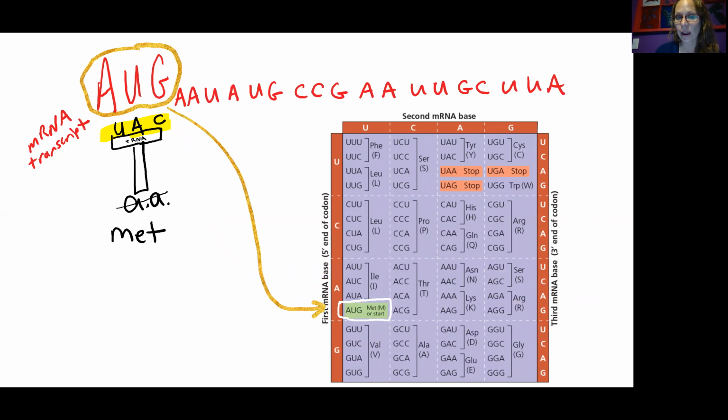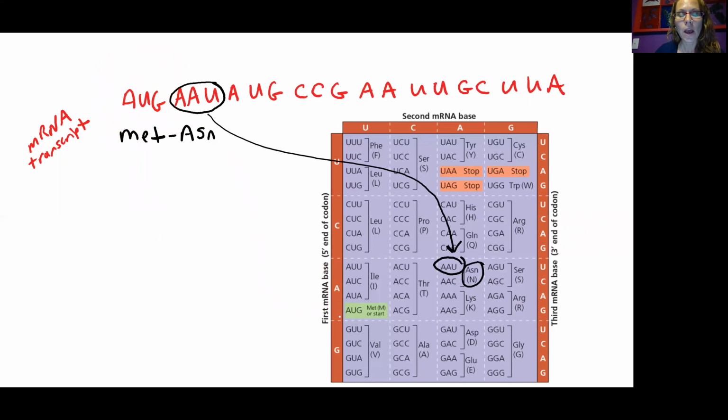Using the chart, I can see that I'm bringing in the amino acid abbreviated MET. Let's do our next one. Our next one is AAU, and I am going to use my chart to see that our amino acid is ASN. So see if you can figure out the rest.